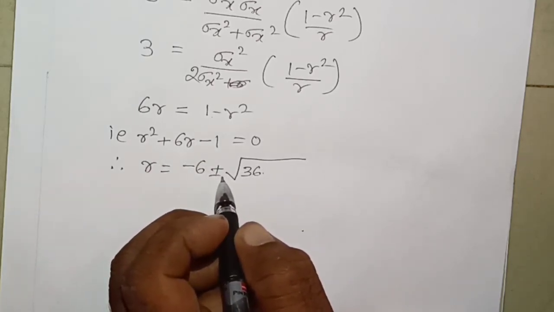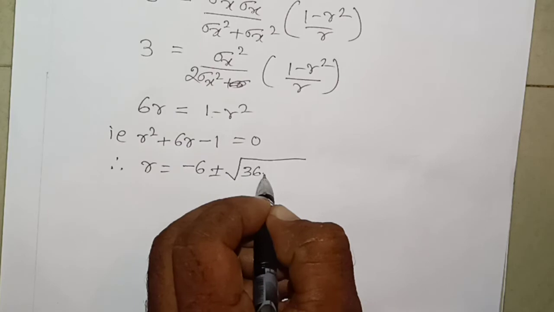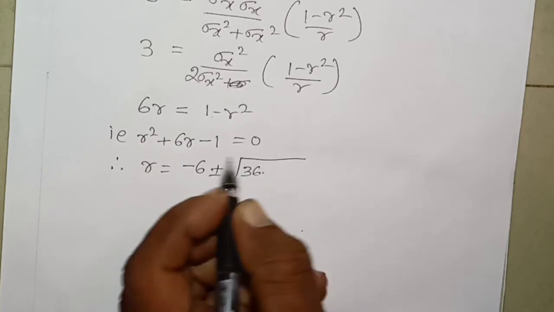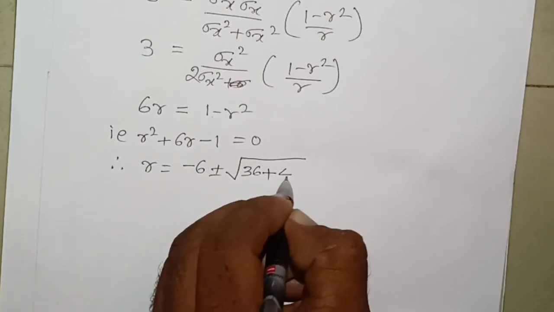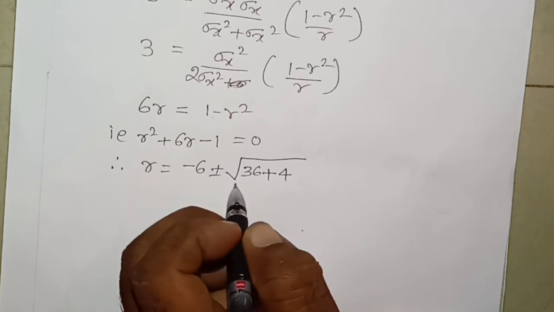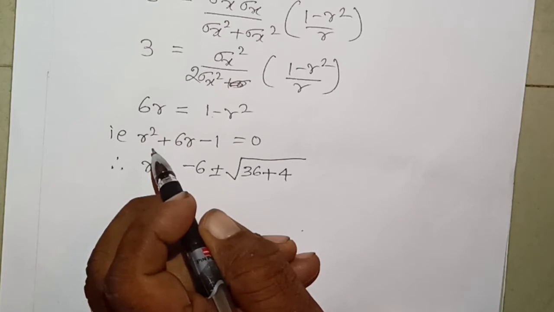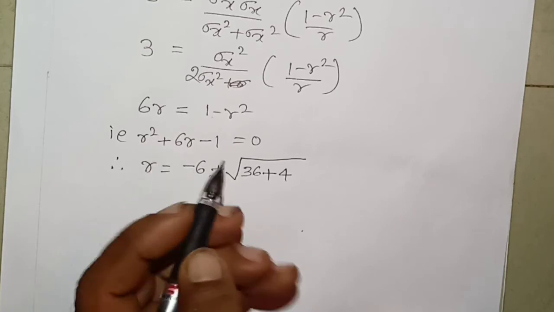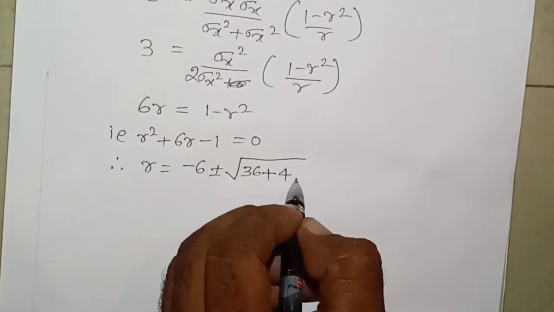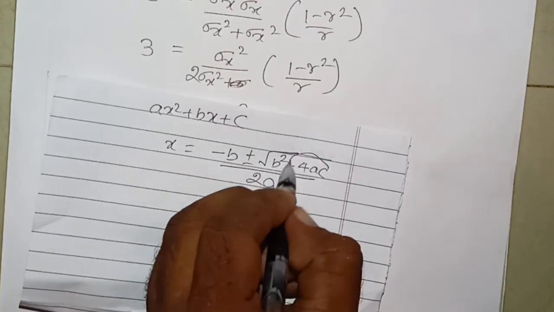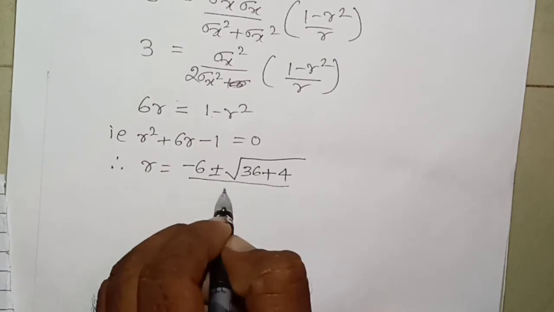So it becomes 36 plus 4, as it is 4 into a into c, 4ac, and here minus is there, that means it is 4 total, divided by 2 into a.